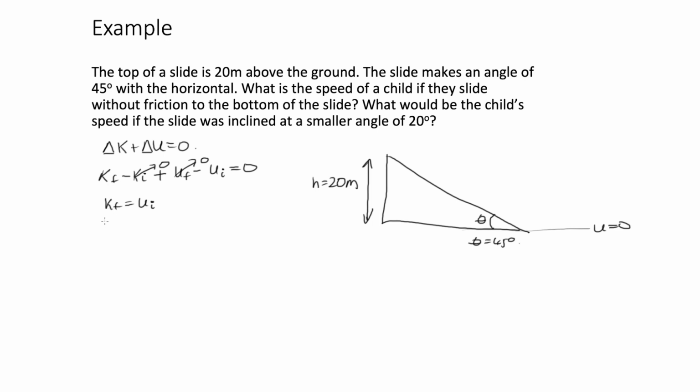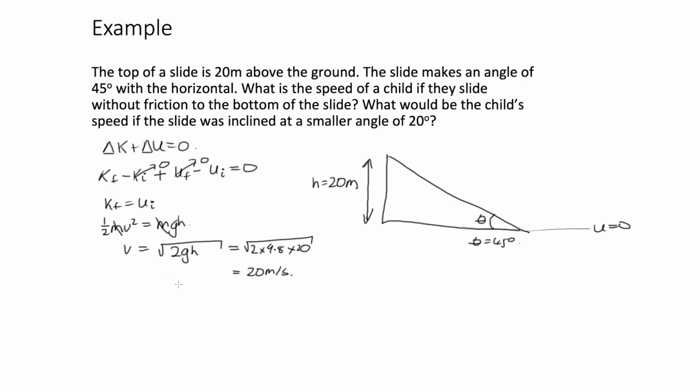So the final kinetic energy is a half mv squared and the initial potential energy is mgh. So the m's cancel out and we end up with v is equal to the square root of 2gh, which we can calculate. This is the square root of 2 times 9.8 times 20, which is equal to 20 meters per second.